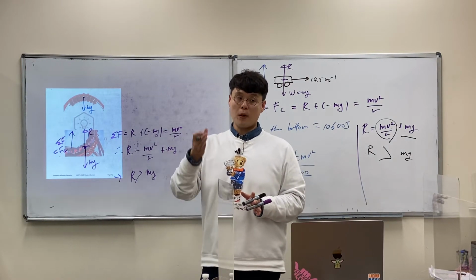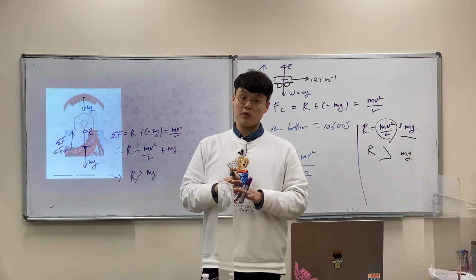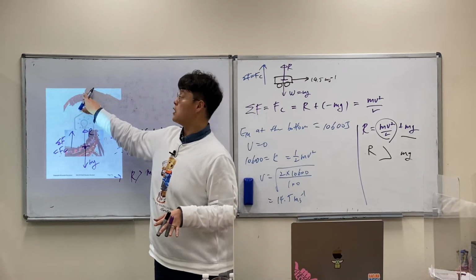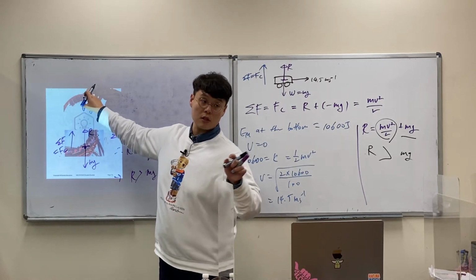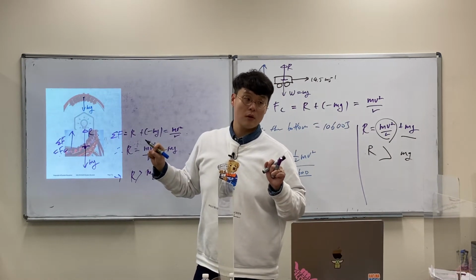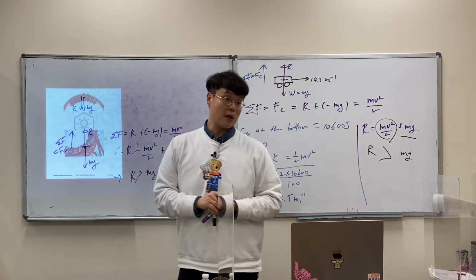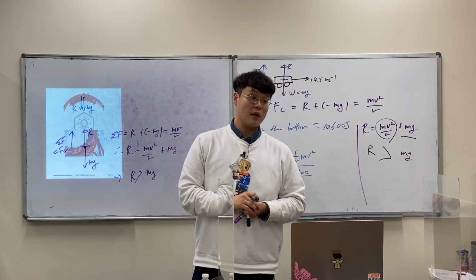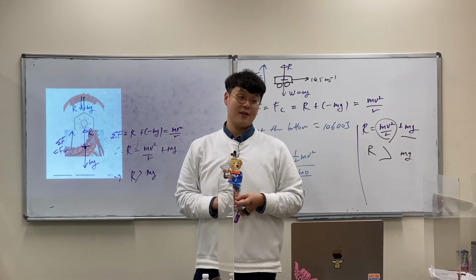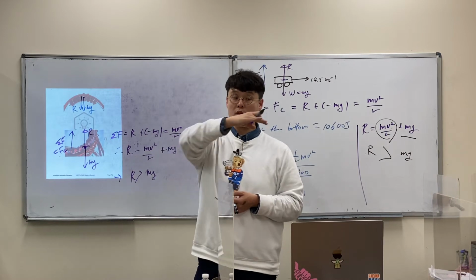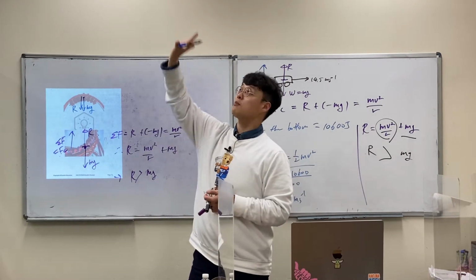It'll always be perpendicular, normal to the surface. Here, the surface is here. So what would be the direction of the normal reaction force? It's going downward too. R is going downward too, as they're hanging backwards. Normal reaction force is always perpendicular to the surface you're touching, and they're touching backward like this.